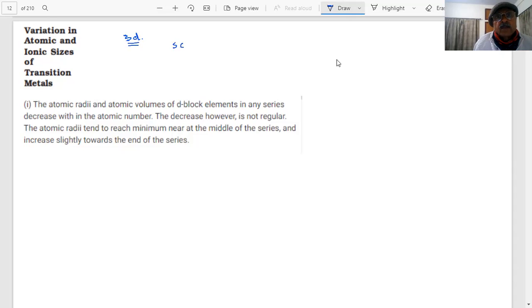You have scandium, titanium, vanadium, chromium, manganese, iron, cobalt, nickel, copper, and zinc. You are starting with atomic number 21 and you have 4s2 3d1, and then you will go up to 4s2 3d10 in the valence shell, with argon 18 core.